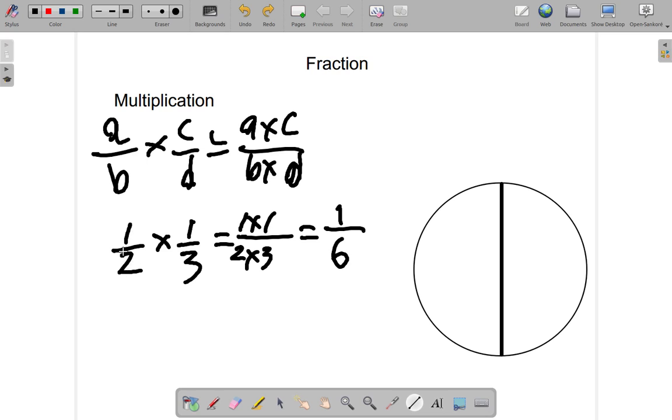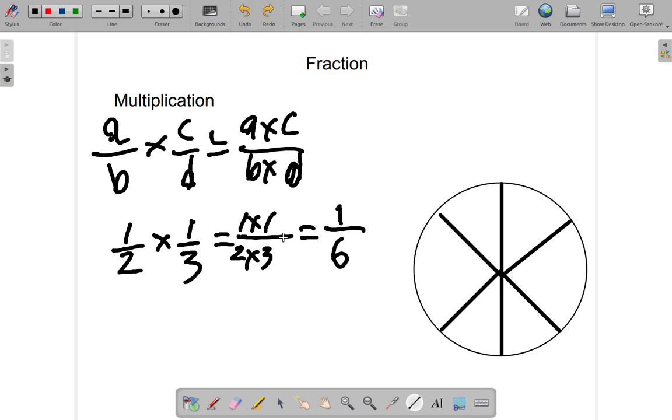Now let's third each of those halves. So 3 equal parts, you third this, and this one 3 equal parts, so you third it. So you have 1, 2, 3, 4, 5, 6. So that becomes 6 equal parts.